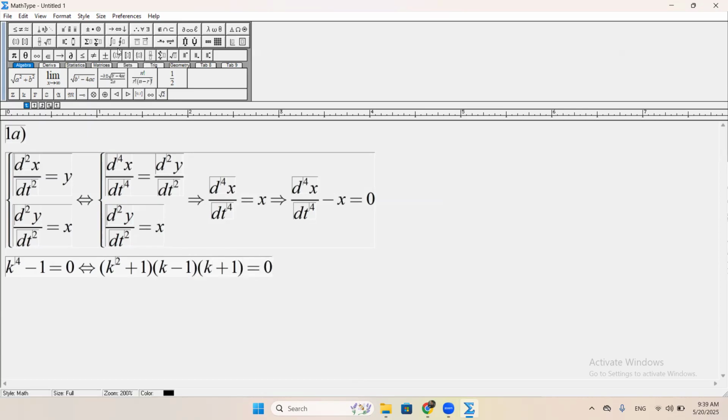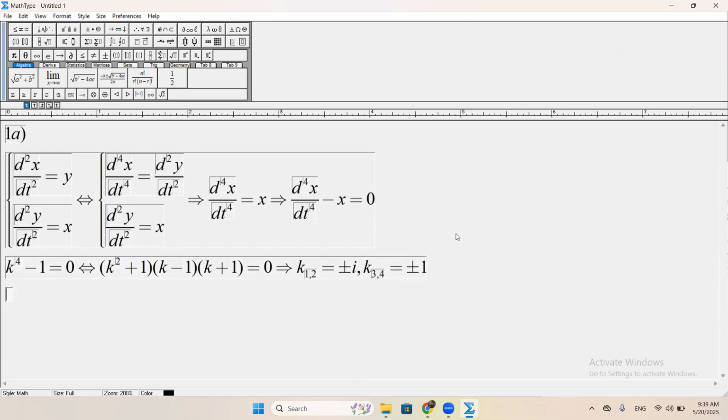So received the following roots. k1, 2 equal plus minus i, and k3, 4 equal plus minus 1.